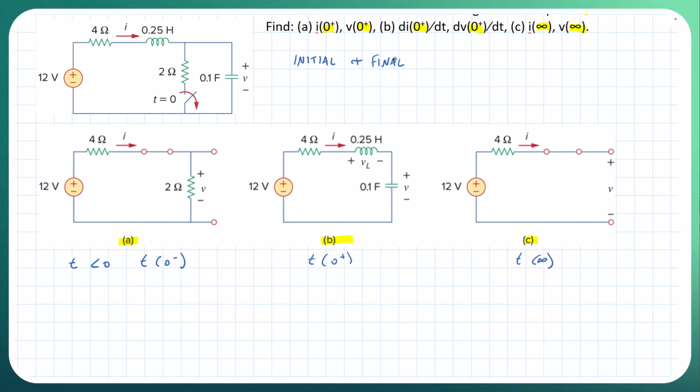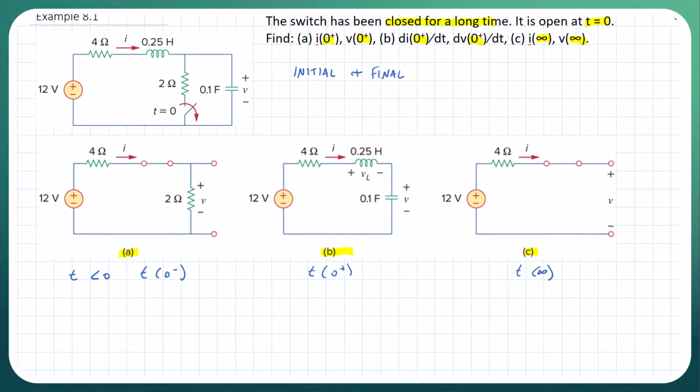Now a couple of things we want to consider and how we got these circuits is if the switch is closed for a long time before t equals 0, which is what this problem is stating, that means the circuit has reached a DC steady state at t equals 0.